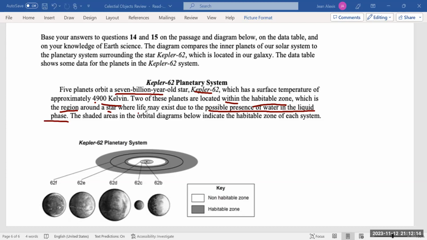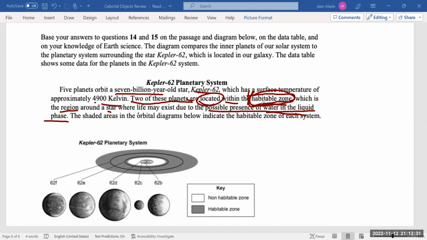So they tell us 2 of these planets may have water. Where are they located? They're located within the habitable zone.